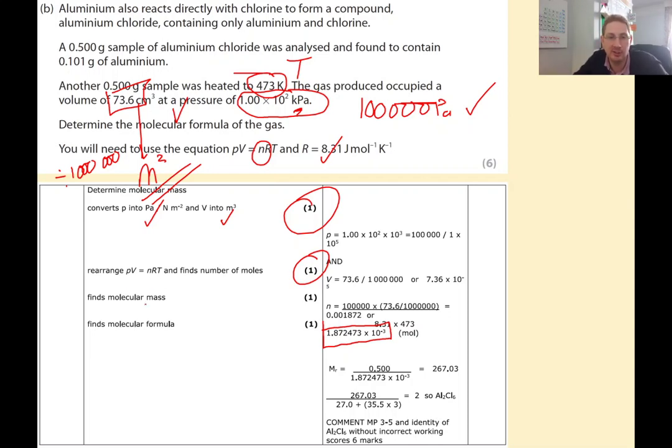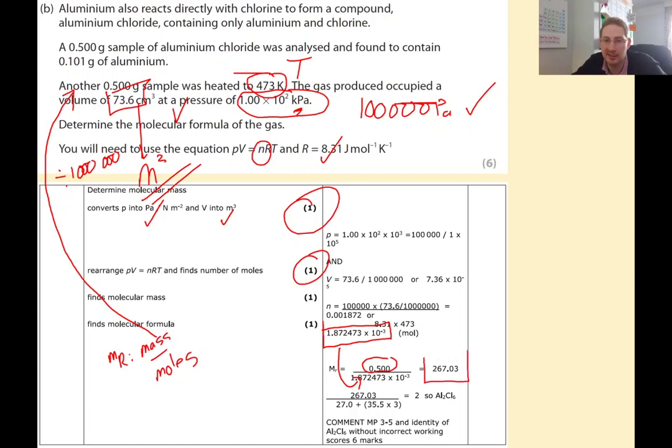So just as we saw in my first video last week, Mr is mass over moles. We put in 0.5 grams of sample there, and we know the number of moles of gas from there. So we can get that the relative formula mass is 267.